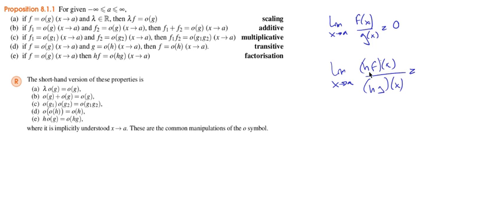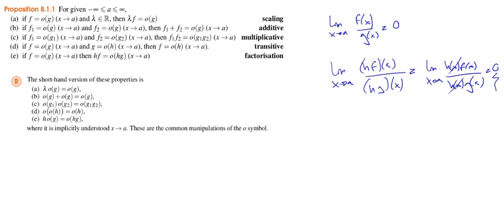But we can factorize and express this like this: h at x, f at x, over h at x, g at x, right? And then h and h cancel out, and you have f divided by g, but we know that limit is going to 0.